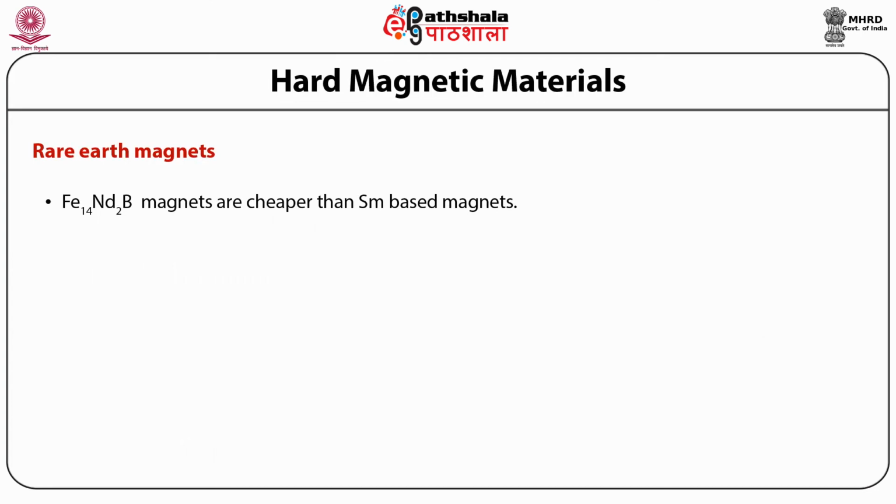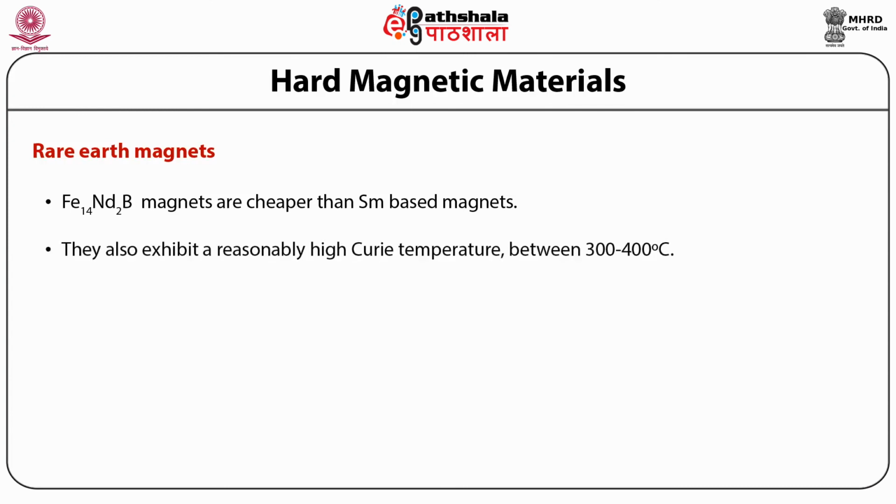Nd2Fe14B magnets are cheaper than samarium-based magnets. These show a tetragonal structure and possess strong uniaxial anisotropy. They also exhibit a reasonably high Curie temperature. These magnets are also made in a similar way to SmCo5.